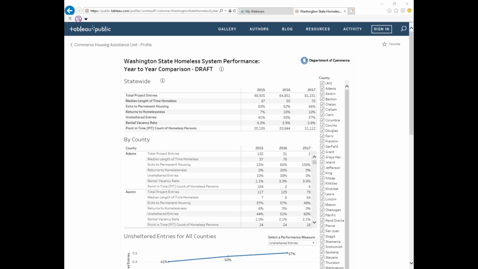Do we have a chance to correct data errors? Yes, yep. A county right now has been correcting errors in their annual report, and it's being updated. So we're already working with some communities on that. You definitely have a chance to correct things. And Tableau is something that we can also update over time.